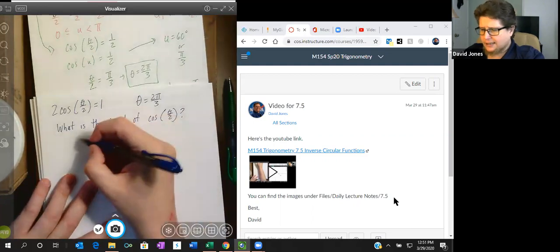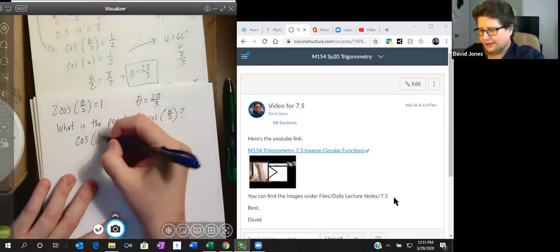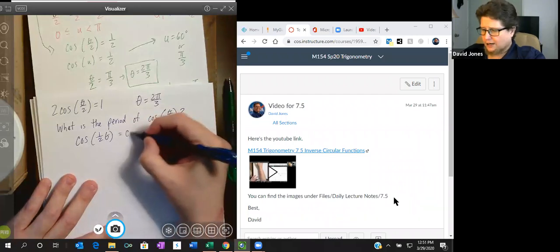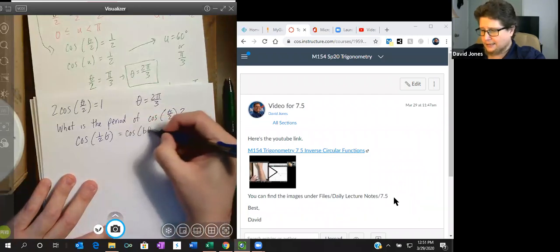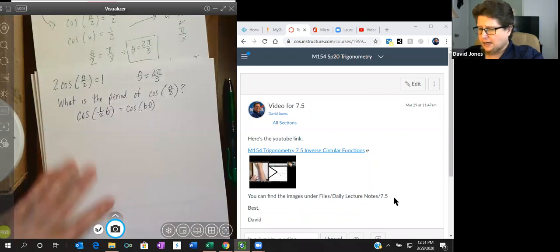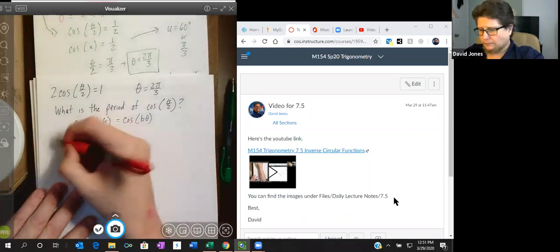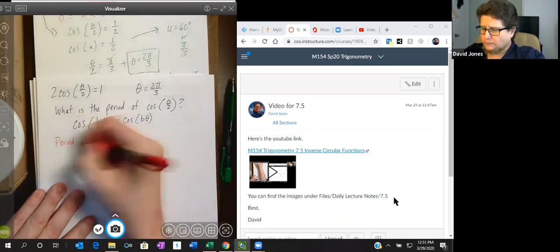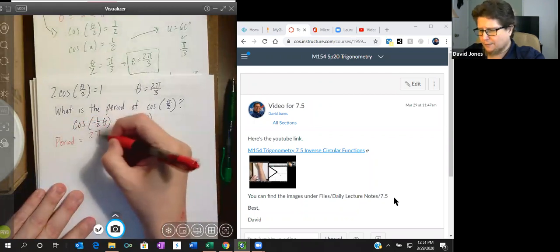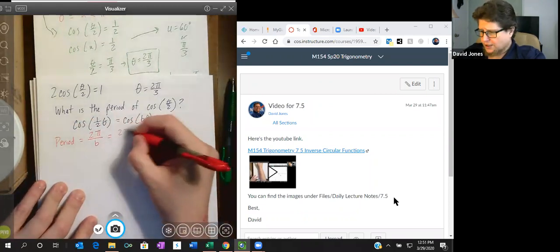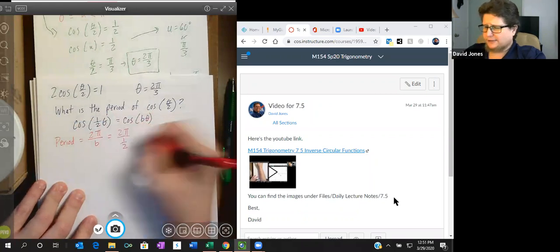Well, this is kind of like saying cosine of 1/2 theta, which is like our cosine of b theta. And the way we checked period was 2 pi divided by b. So this is 2 pi over 1/2.